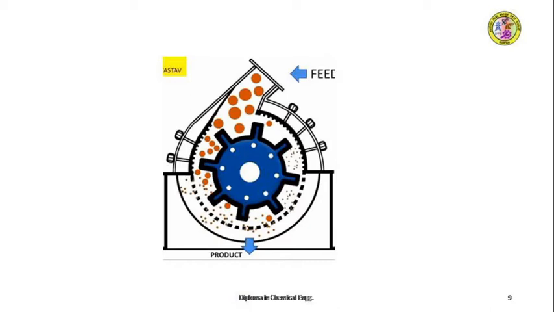You can see the big dots at the top of the machine indicating that bigger particles are entering. They get reduced to smaller sizes inside the casing, and from the bottom they go out as product when reduced to the required size.